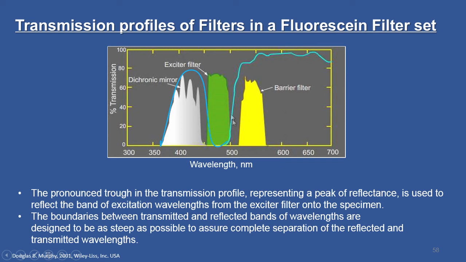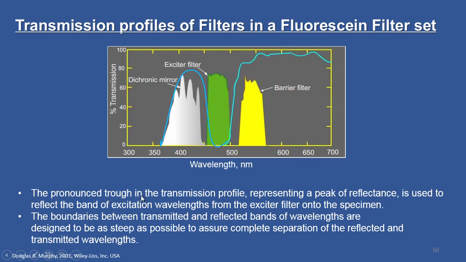So, one is the barrier filter, another is the exciter filter, and what you are seeing here with this blue line, which also includes this white region, is a kind of dichroic mirror, which has very sharp filtering capability. We will see the remarks first, and then we will get back to the spectrum again.